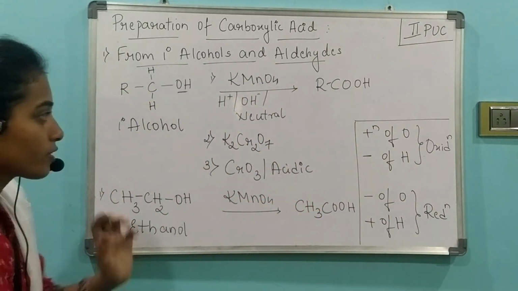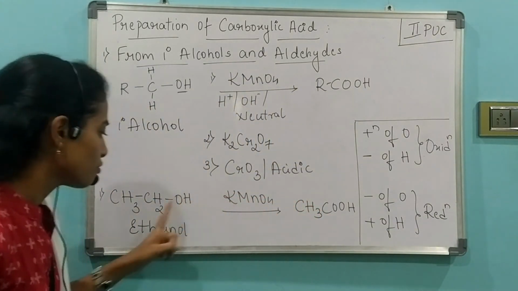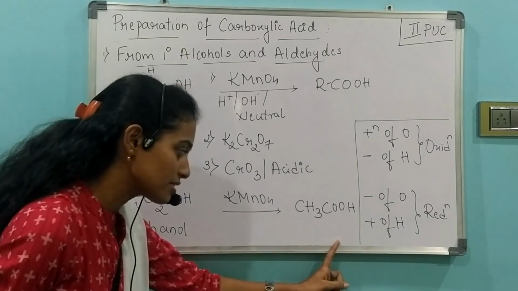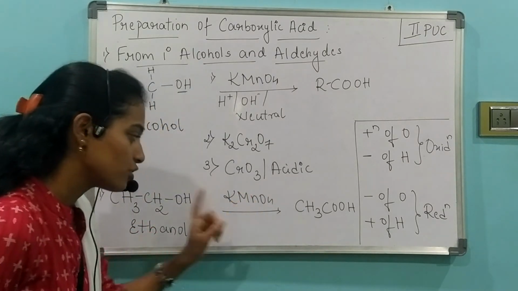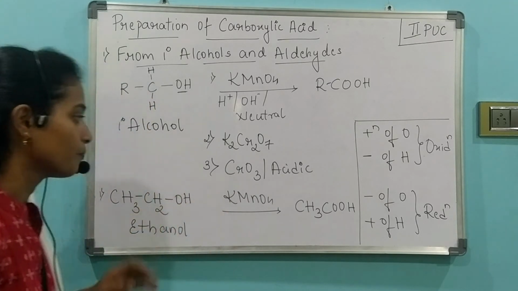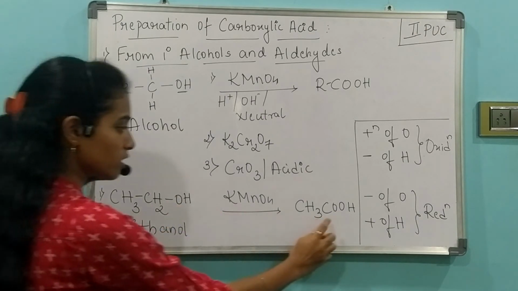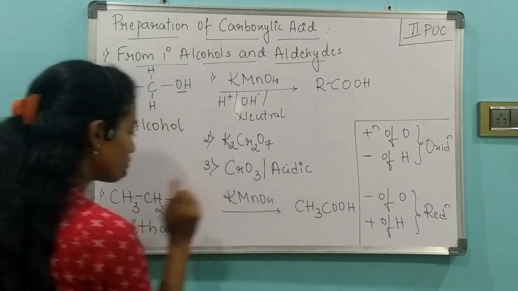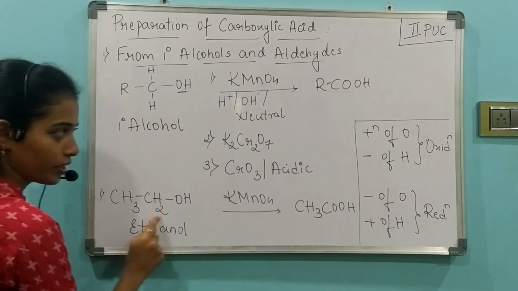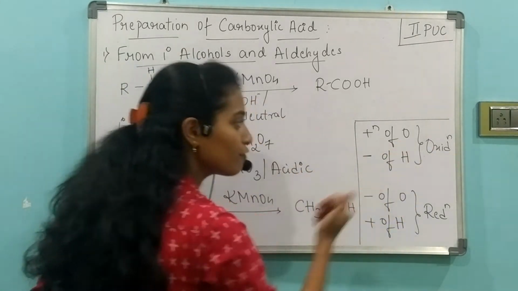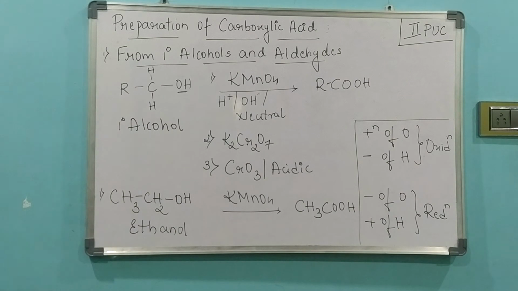Now observe here, I am doing oxidation of the alcohol to convert it into carboxylic acid by using the oxidizing agent potassium permanganate. Addition of oxygen has taken place. Here I had only one oxygen, here I have two oxygens. And removal of hydrogen has taken place. Addition of oxygen, removal of hydrogen, therefore you have done oxidation of the alcohol to convert it into carboxylic acid.